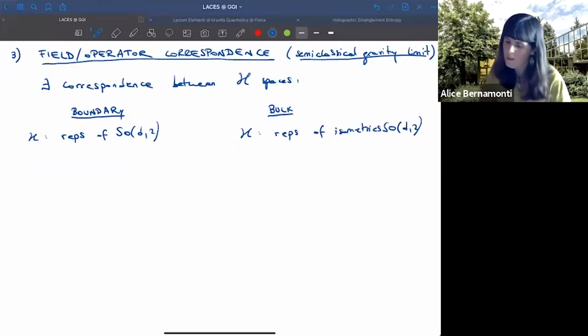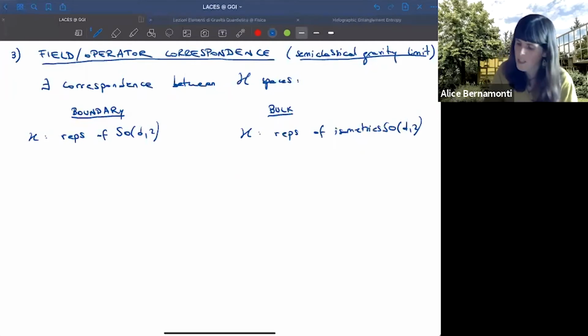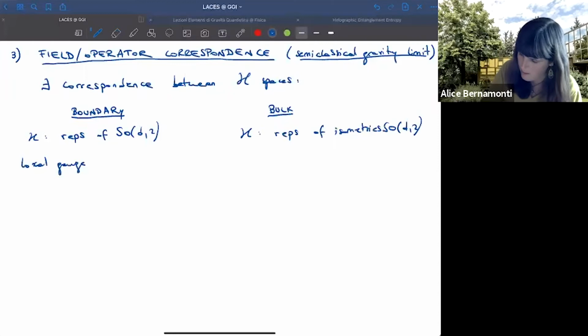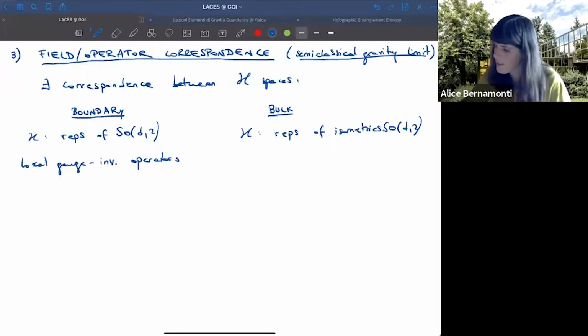And so the main objects in the representation on the left-hand side are local gauge invariant operators, and on the right-hand side, we have bulk fields.